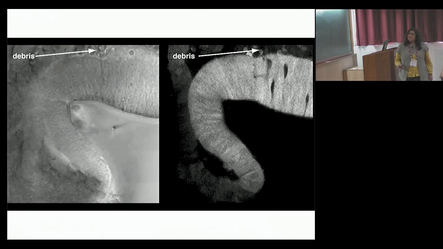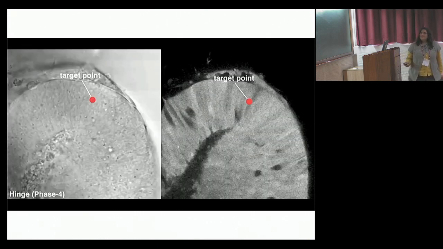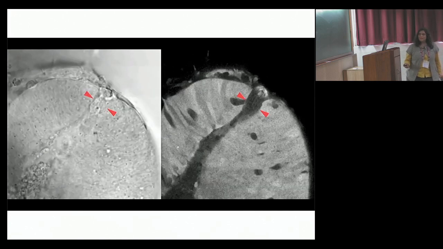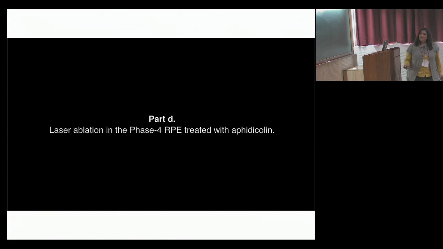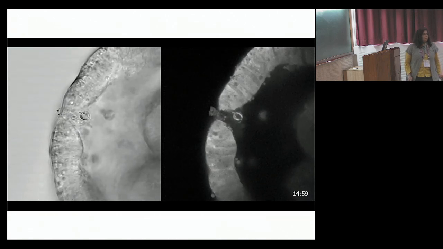But they did it in different regions. When they did it in the hinge, for example, as you will see just now, this did not happen. They didn't come close to each other. And when they disrupted cell division, these recoiled edges also didn't come back close to each other.